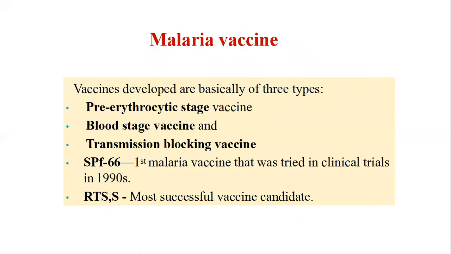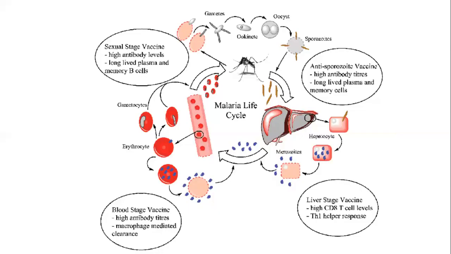This is the way you can prepare a vaccine. SPf66 was the first malaria vaccine tried in clinical trial, in the 1990s, and the second is RTS,S, the most successful vaccine candidate. So this is all about malaria and its spreading: how can we stop the spread, and how can we combat this disease? That's all.